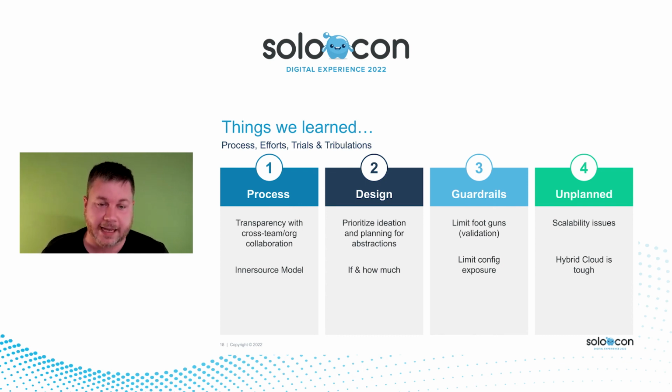And then last, but certainly not least, hybrid cloud is tough. Our initial goal was one edge gateway to rule them all, spreading a single solution across both private and public cloud. And we quickly found out that doing that without introducing cross dependencies on either side is pretty dang hard. We ended up adjusting our goals for the platform and decided to treat public and private clouds as separate edges.